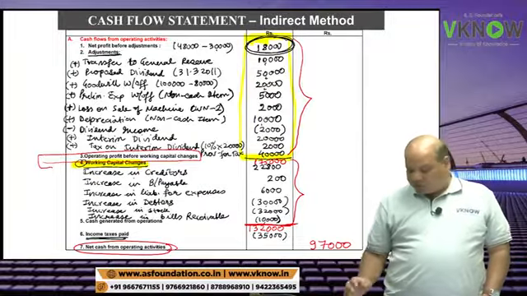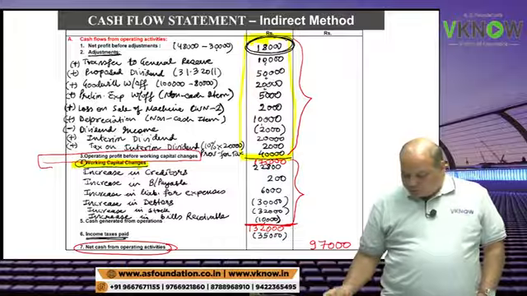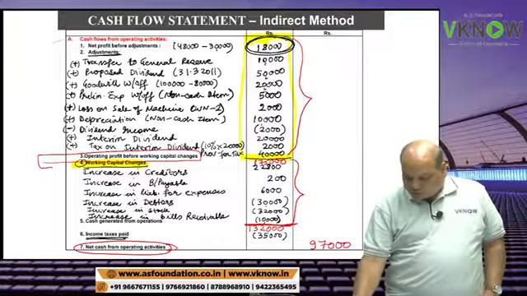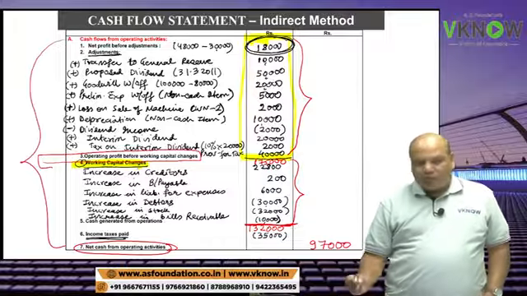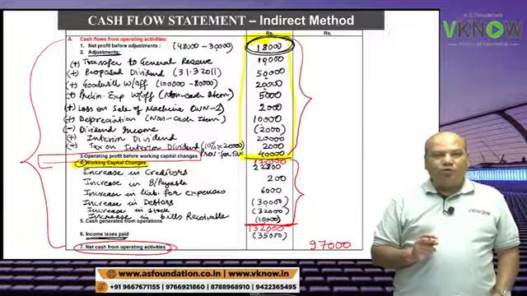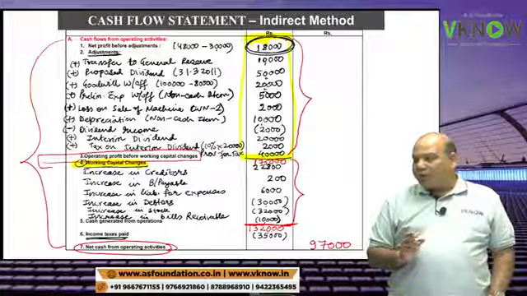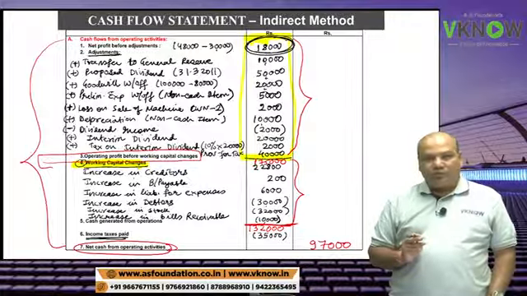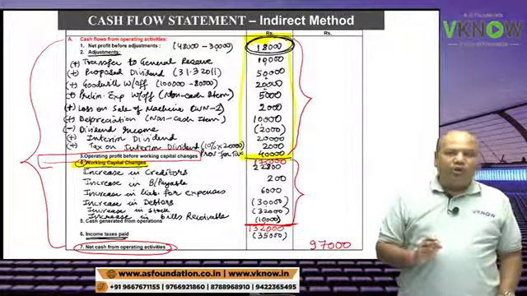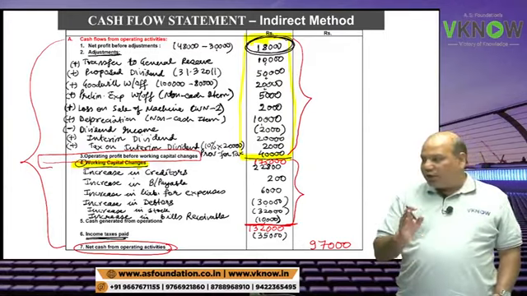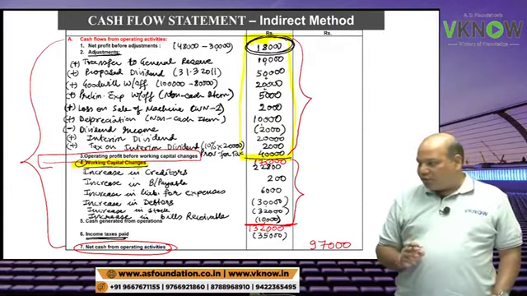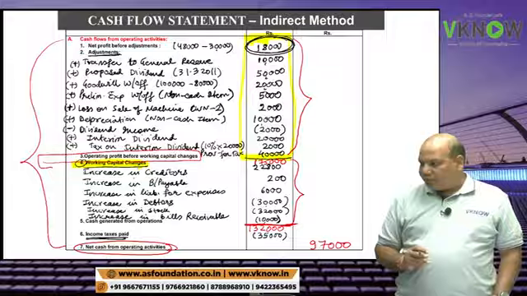This way we have to present, right? Some authors make three working notes, one for cash flow from operating activity, one for investment activity, one for financing activity, and then they only write the main total on the main page. That can also be done. It's only a matter of presentation.